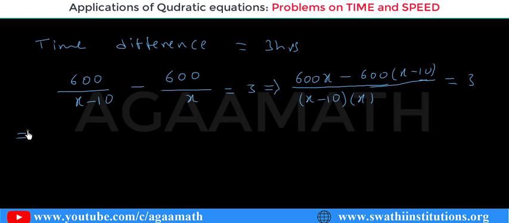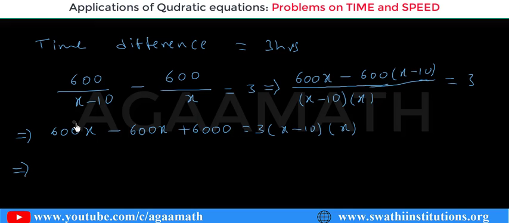Next, it is 600x minus 600x plus 6000, that is 600 into x, 600x minus 600 into minus 10, plus 6000. And equals, here the denominator is transferred to the RHS, so 3 of x minus 10 of x.